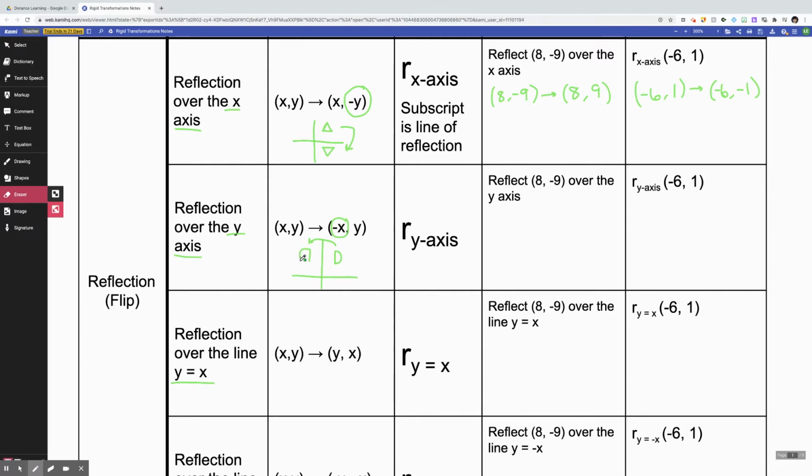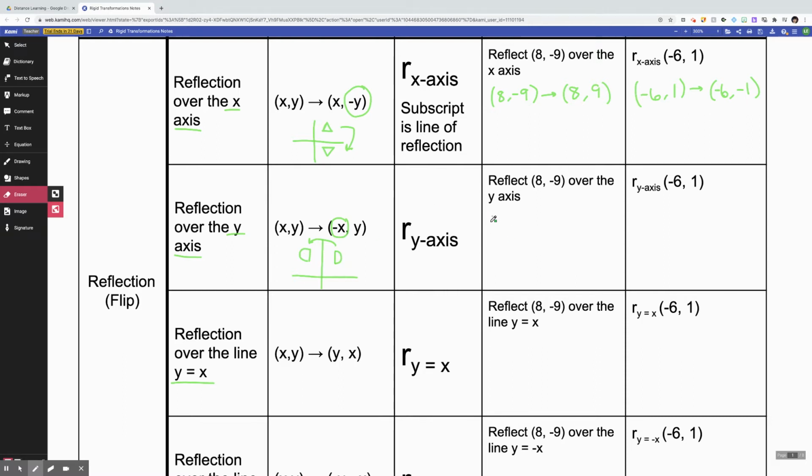It's going to flip it and turn it around and make it backwards, right? My y value hasn't changed at all. It hasn't gone up or down, but all my x values, which originally were positive over on the right-hand side, are now negative, right? They've changed their sign, okay?